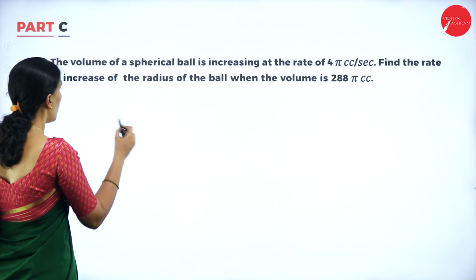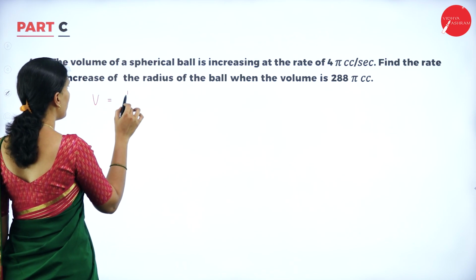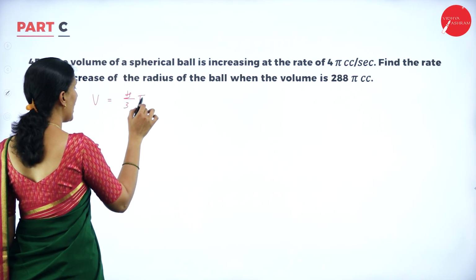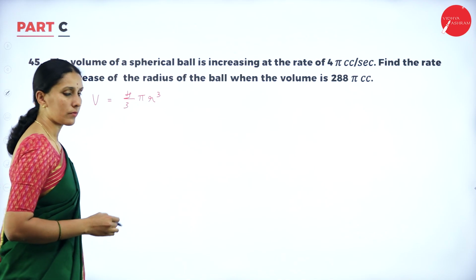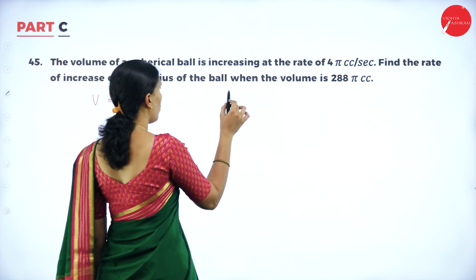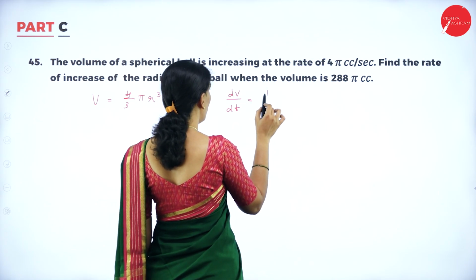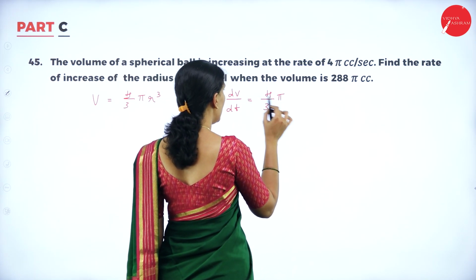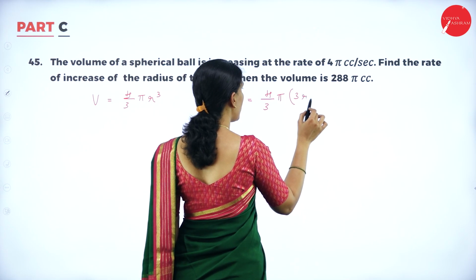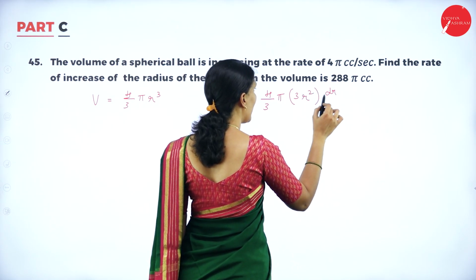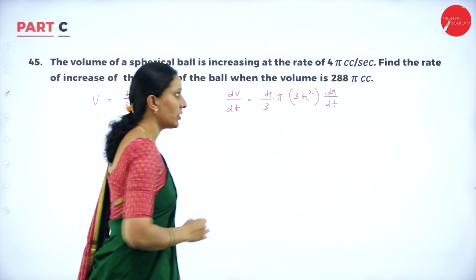So here we have volume of a sphere is given by 4 by 3 pi r cube. And change in volume can be written as dV by dt is equal to 4 by 3 pi here, r cube, when you derive it, is 3r square into dr by dt. So this is the change in volume.